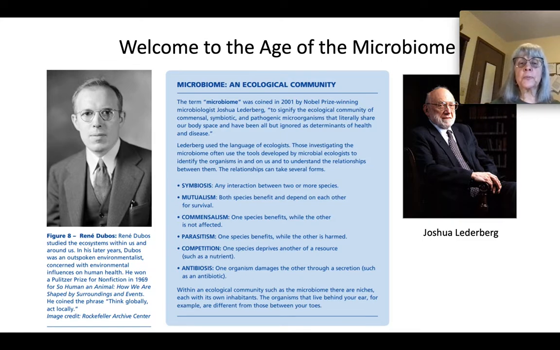Commensalism, a fair amount of the microbes will fall in this category. This is where one species benefits while the other is not affected at all. They're just hanging out. Many microbes operate by commensalism. We don't even know they're there. We don't really even care. But they may be getting some benefit from being associated with us.